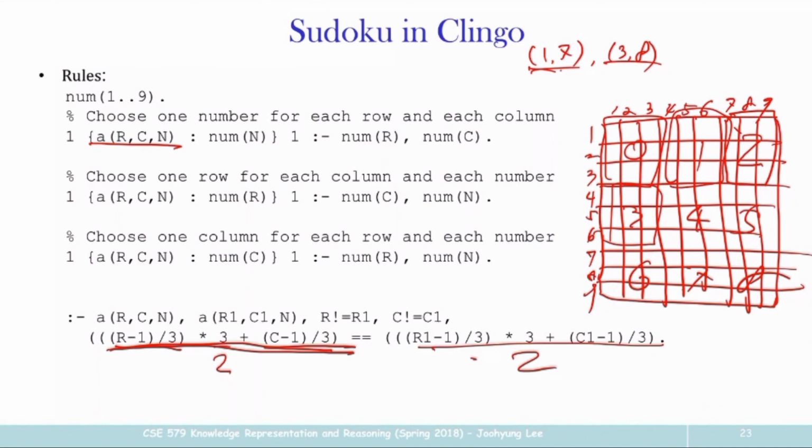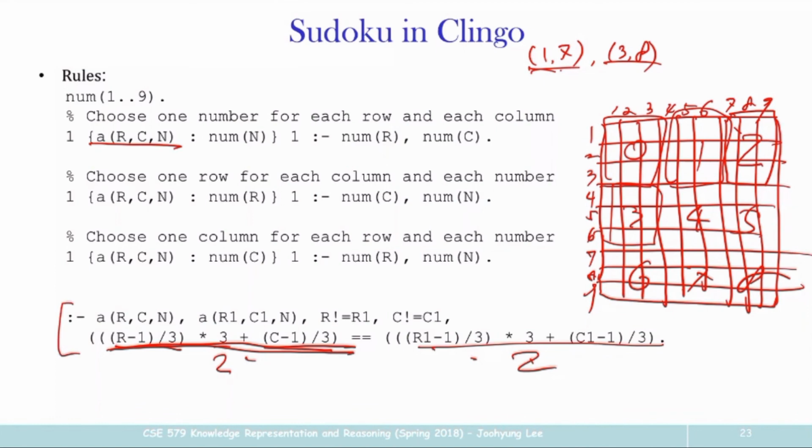So any numbers that belong to the same box will have the same value for this function, so if they are in the same box, then this value is constrained. Now, a few years ago, I gave this as a homework problem, and students' solutions are very diverse. Actually, the most diverse part is how to represent this 3 by 3 box constraint.